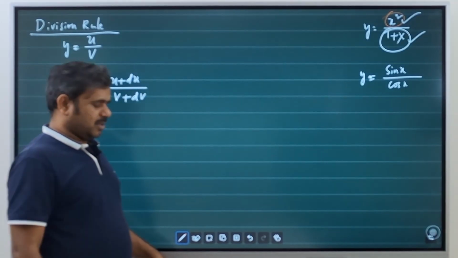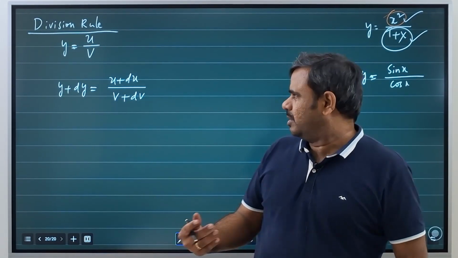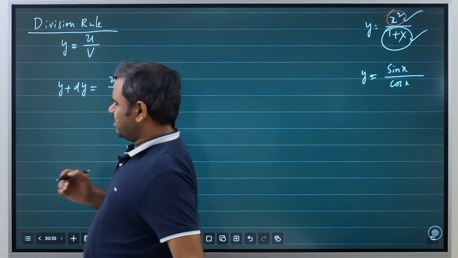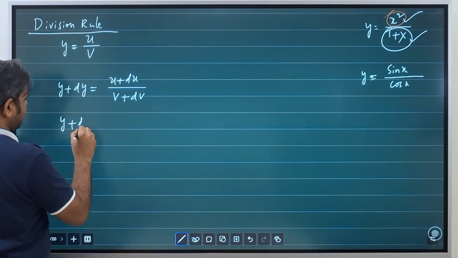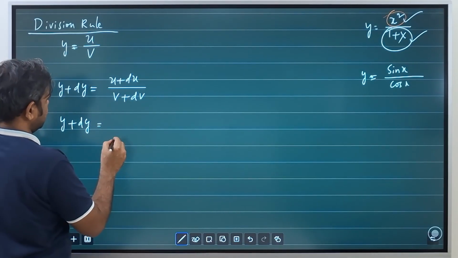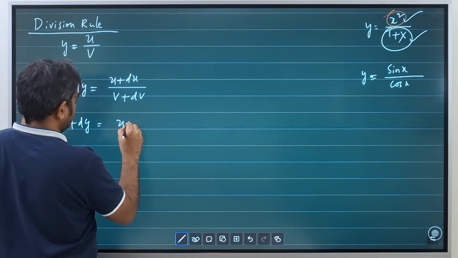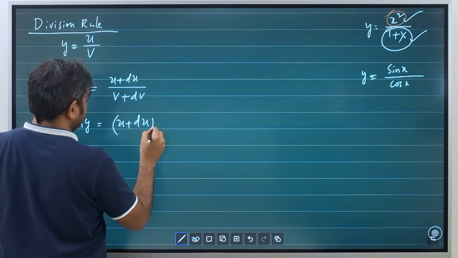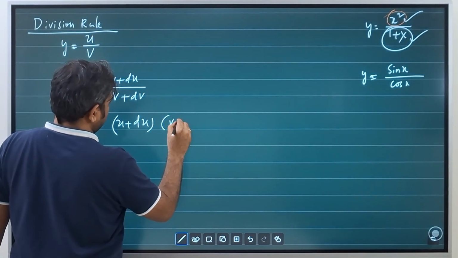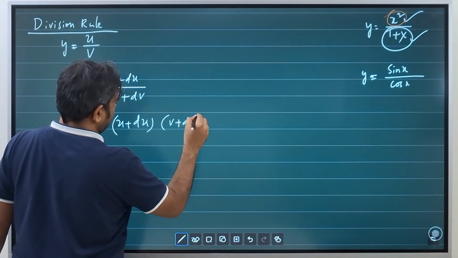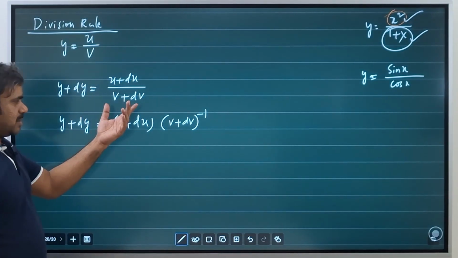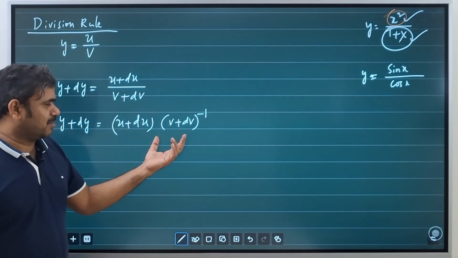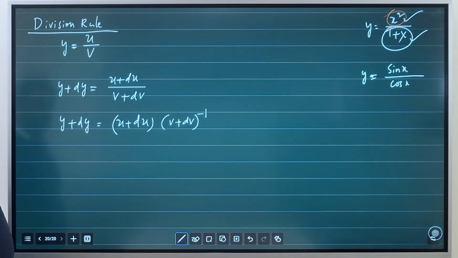Now the same equation can be written as y plus dy is equal to u plus du into v plus dv whole power minus 1. V plus dv in the denominator can be written as v plus dv whole power minus 1.